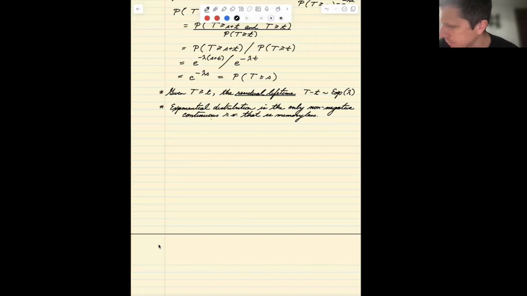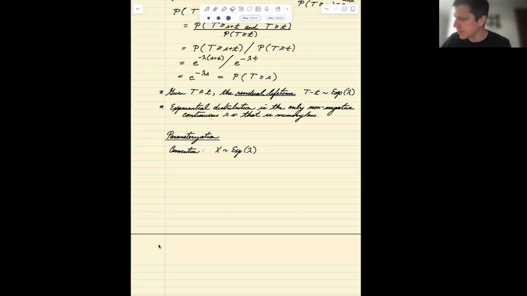One last comment that's important to make on the exponential is that there are two different ways to parameterize it.